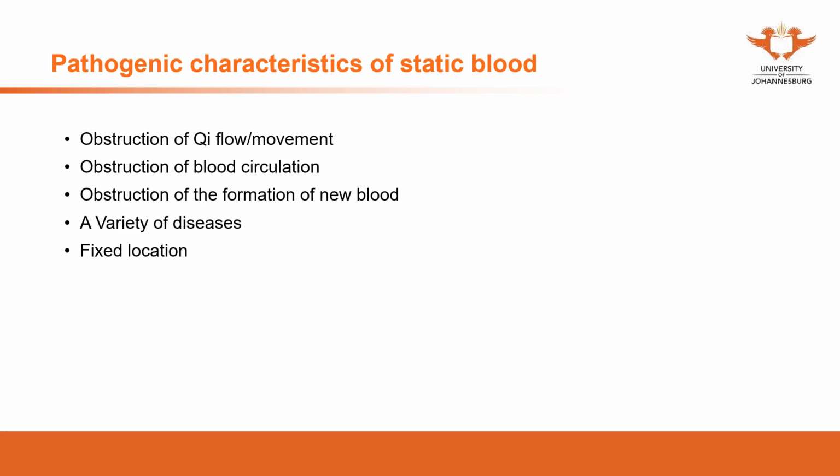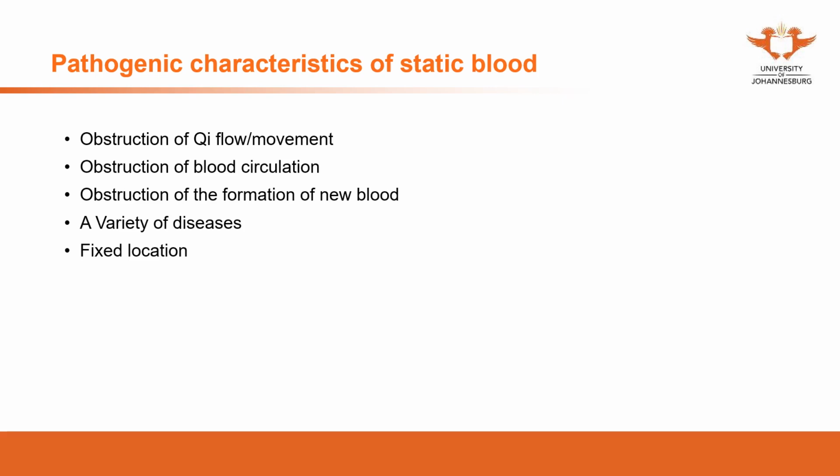Depending on where it is, it can cause different symptoms, such as numbness or even impairment of physical movement. Static blood also affects blood circulation, because blood circulation and qi flow are very similar; blood circulation depends on qi flow.